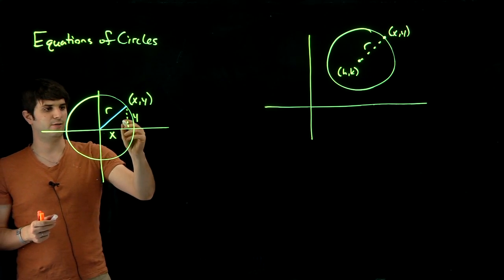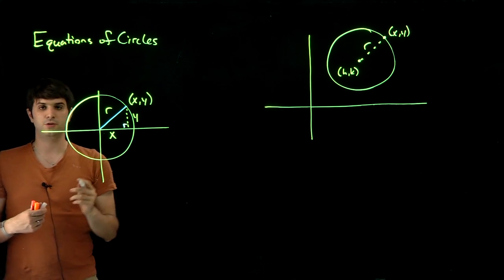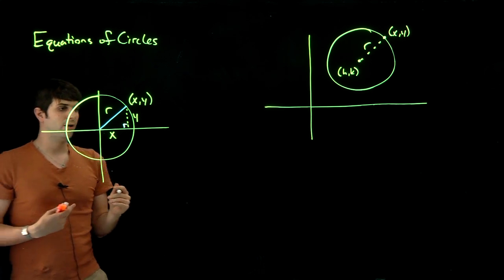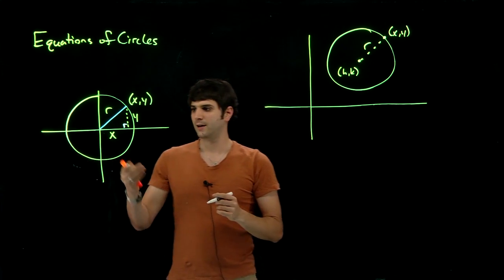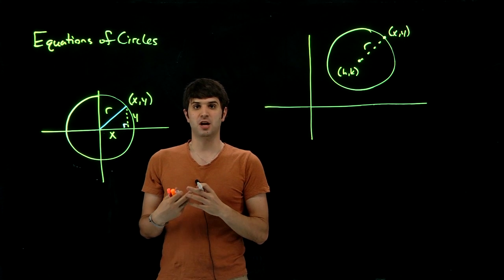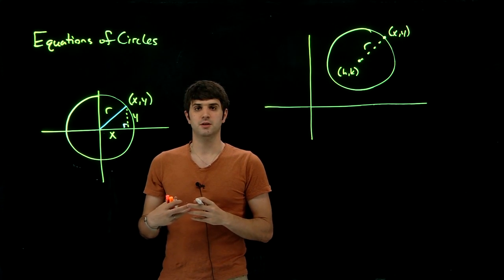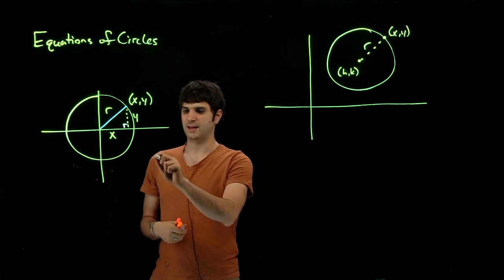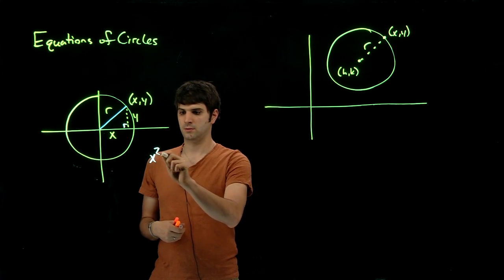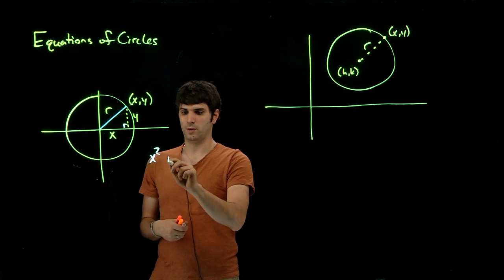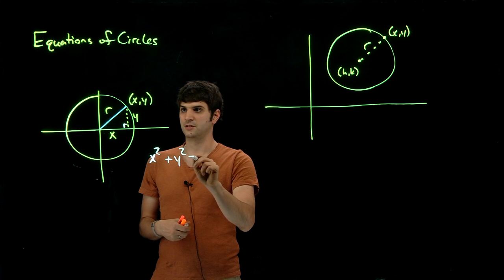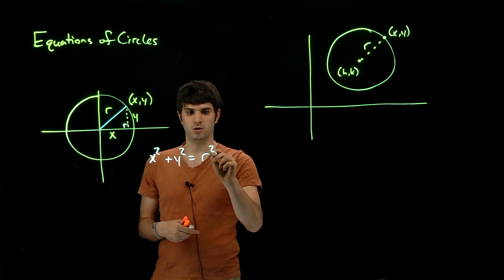Basically, if we make a right triangle and use what we know about the Pythagorean theorem, the sum of the legs squared equals the hypotenuse squared. So that means x squared plus y squared is going to equal r squared.